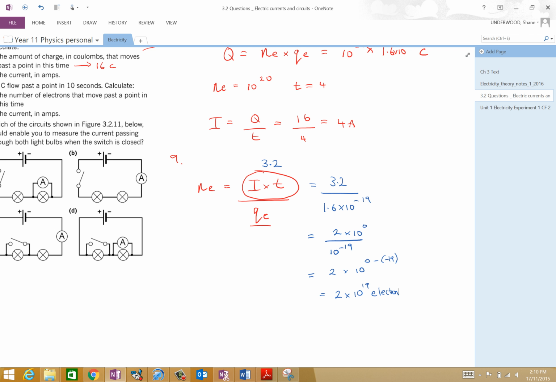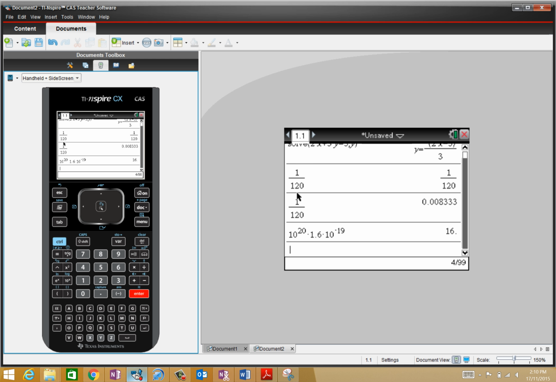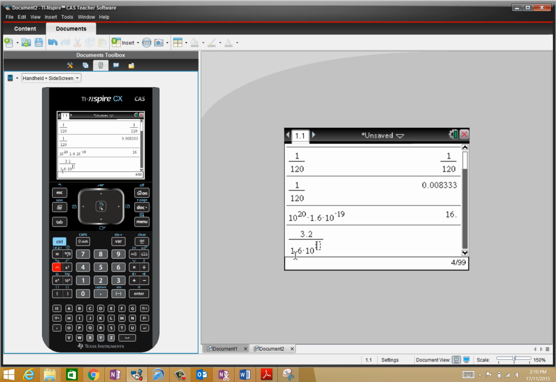There is a reason why we've done our index laws, of course. Or, of course, we could do, if you want to do it the long way, 3.2 divided by 1.6 by 10 to the power of 19.